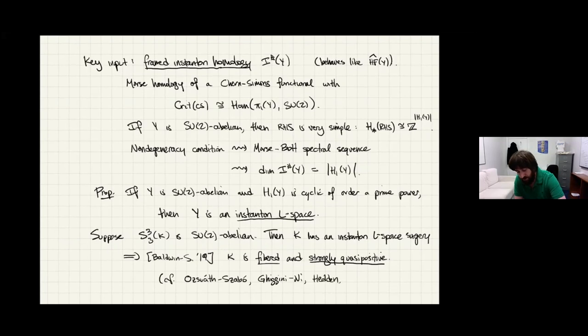If you want to go further back, this certainly relies very crucially on work by Gabai, and you could credit a lot of people for this. But the point is, just by using this basic black box fact, and knowing that knots with L space surgeries are very nice, we know already that a knot where 3 surgery is SU2 abelian has to be fairly restricted. It has to be fibered. It has to be strongly quasi-positive.